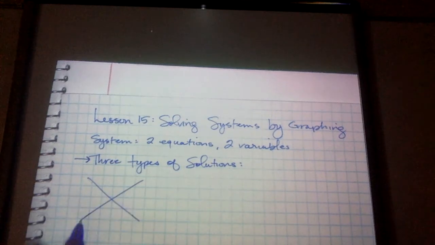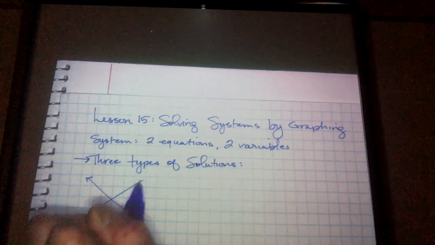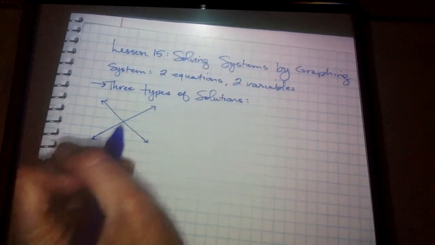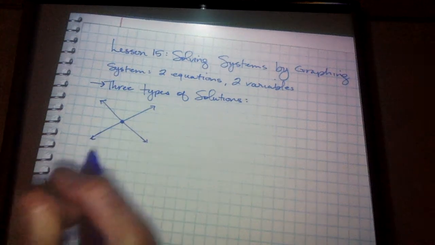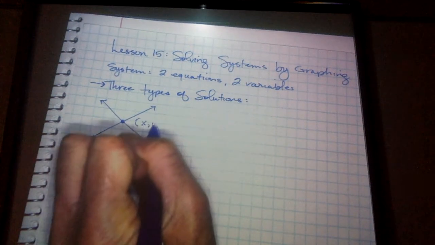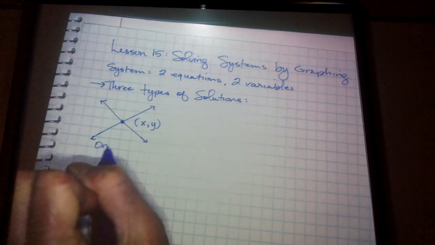So let's say I graph two lines. If they intersect at one point, I would identify that they have one solution.